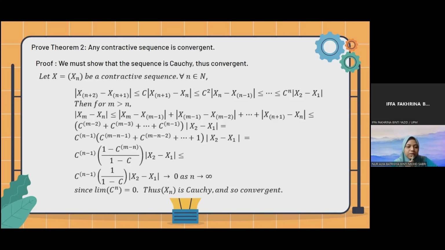For the first step, we let S equal to Xn be a contractive sequence for all n an element of N. Then |Xn+2 minus Xn+1| is less than or equal to C times |Xn+1 minus Xn|, which is less than or equal to C squared times |Xn minus Xn-1|, up until less than or equal to C to the power of n times |X2 minus X1|.